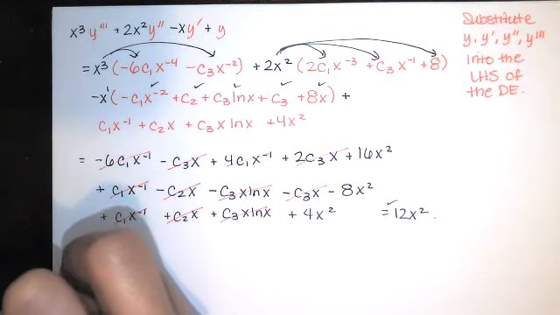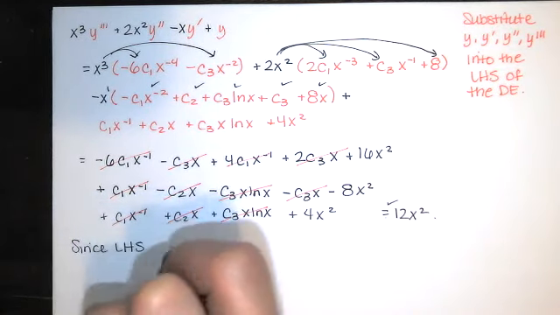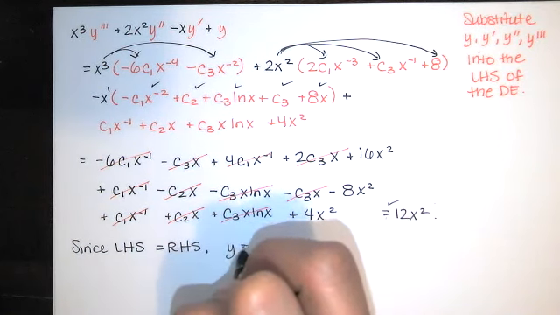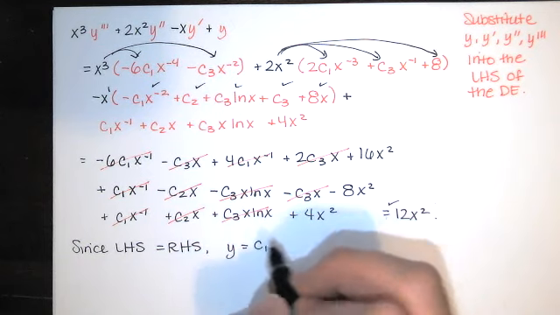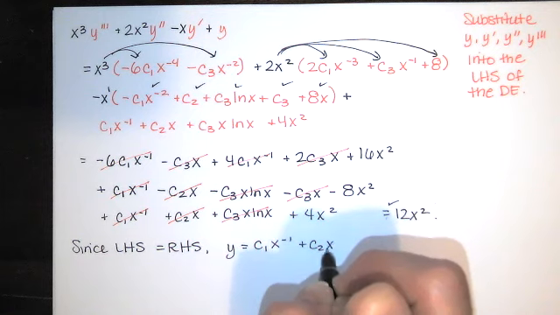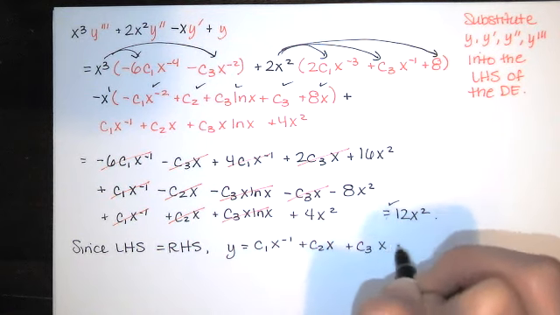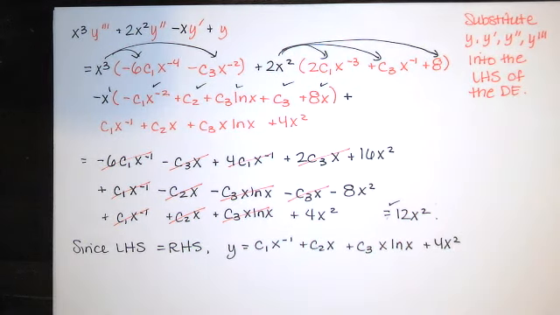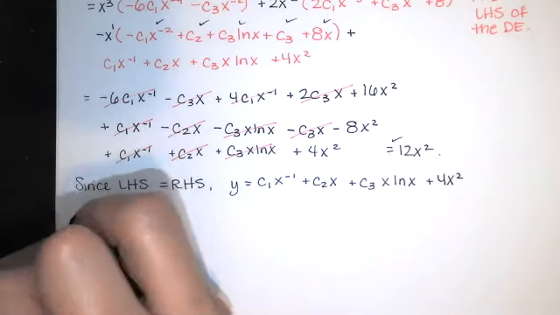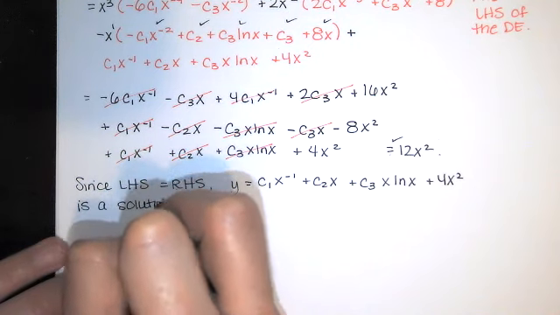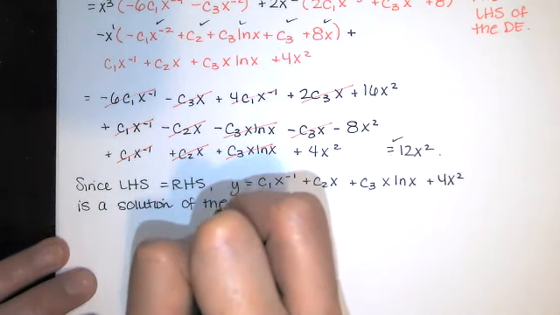So we'll say since the left-hand side equals the right-hand side, that function that we came up with, y equals c1 times x to the negative 1 plus c2x plus c3x natural log of x plus 4x squared, is a solution of the differential equation.